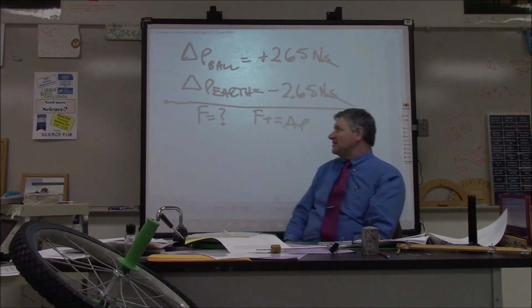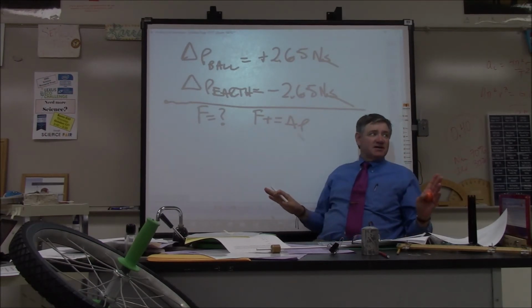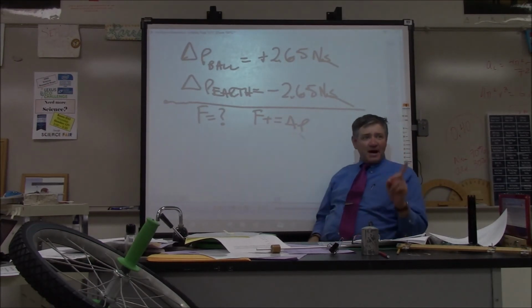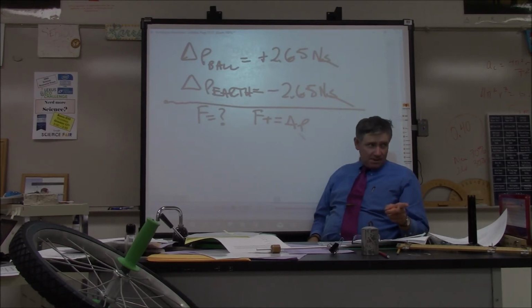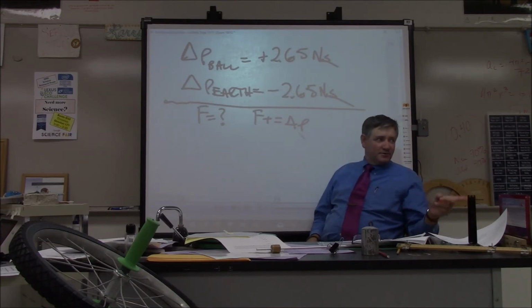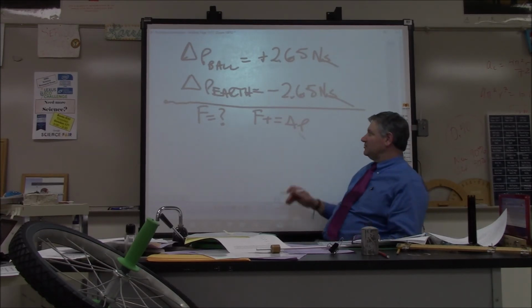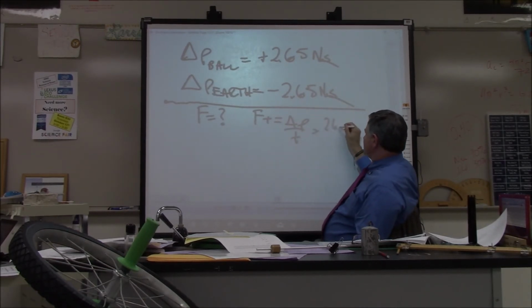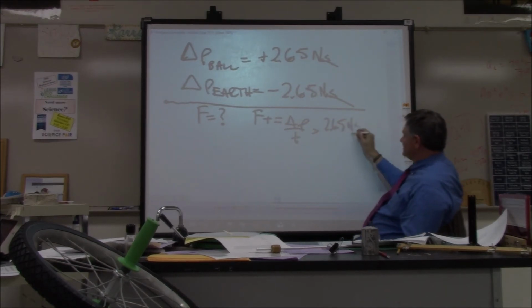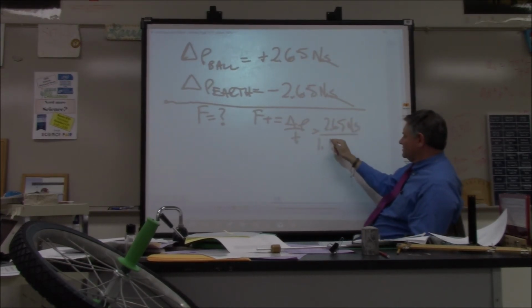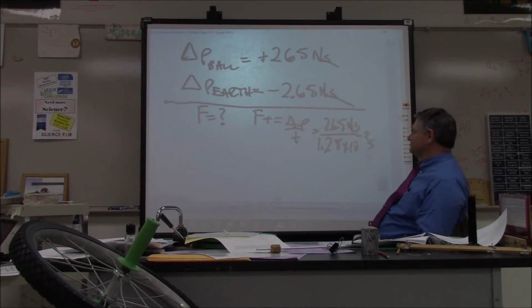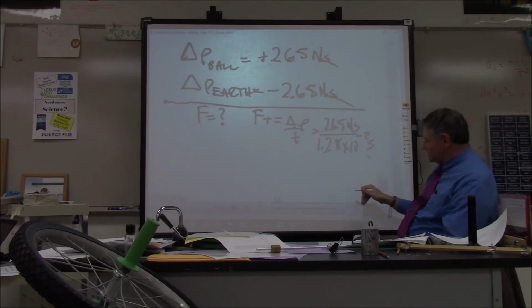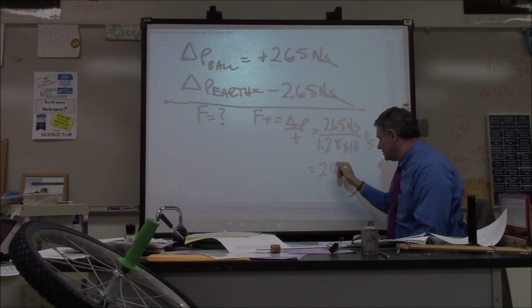So this is also why this fits. I notice for the ball I have a positive change in momentum. With a positive change in momentum, I have to have a positive force. So if I divide 2.65 newton seconds by the time, what was that time? 1.28 times 10 to the minus 2 seconds. 207 newtons.